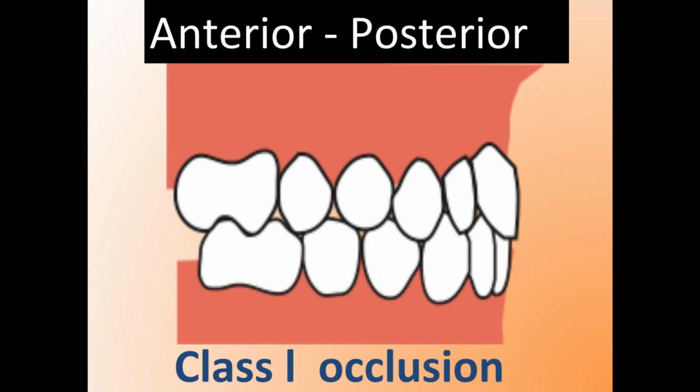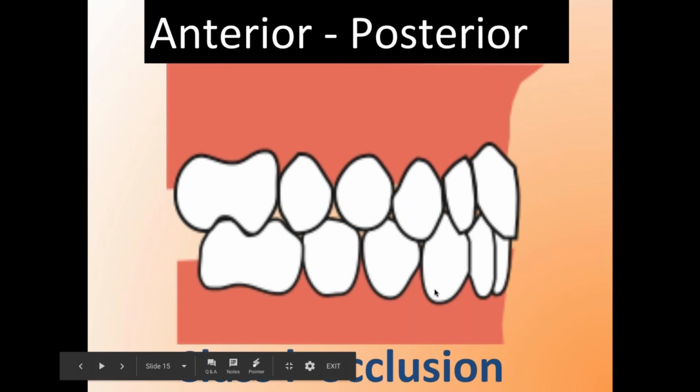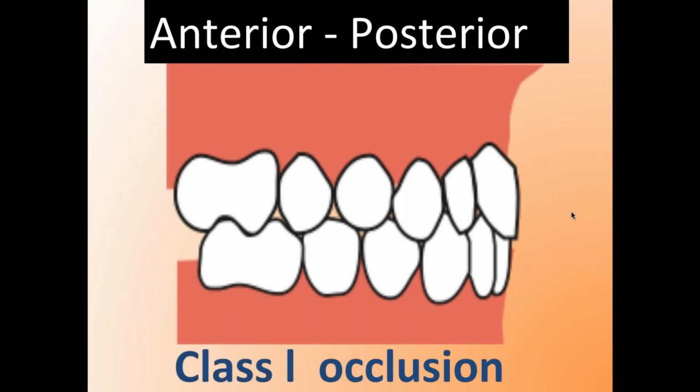Okay, so the next dimension we want to look at when we're looking for a malocclusion is the anterior posterior dimension, or the front to back bite. So this is considered an ideal bite, a class 1 occlusion, and we're going to go through each of the 3 classes of malocclusion. Class 1 is when the upper teeth, again, you have that lid of a box, and all the teeth on the sides are meshed together.